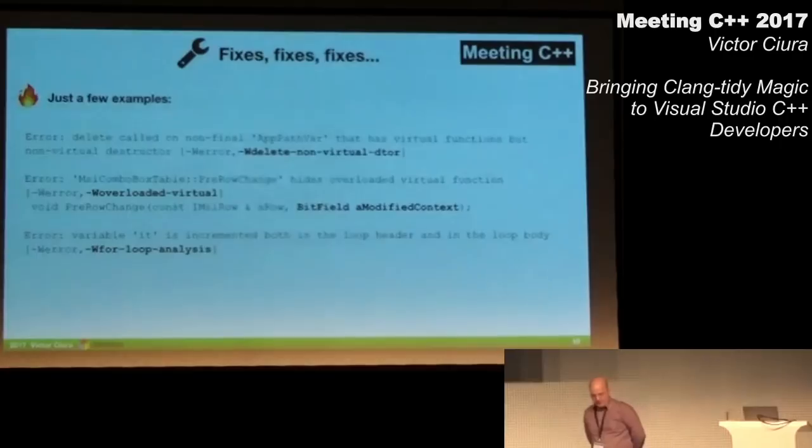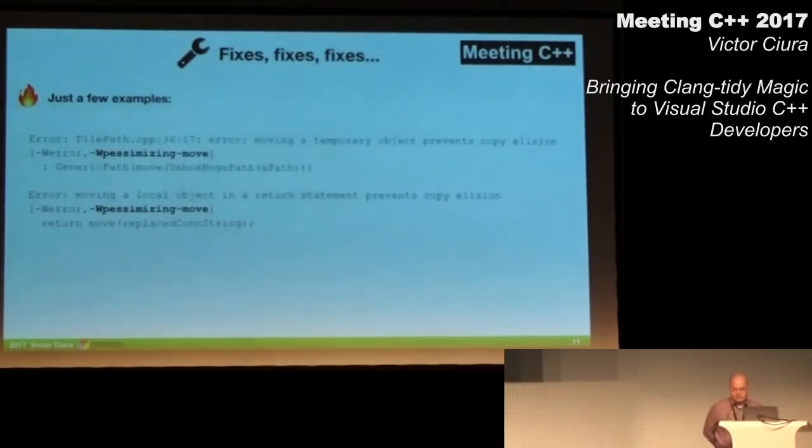For example, delete with a non-virtual destructor, an overload that was a mistake that hides a virtual function, a loop variable that was incremented twice by mistake, not on purpose. And a few pessimizing moves that inhibited return value optimizations.